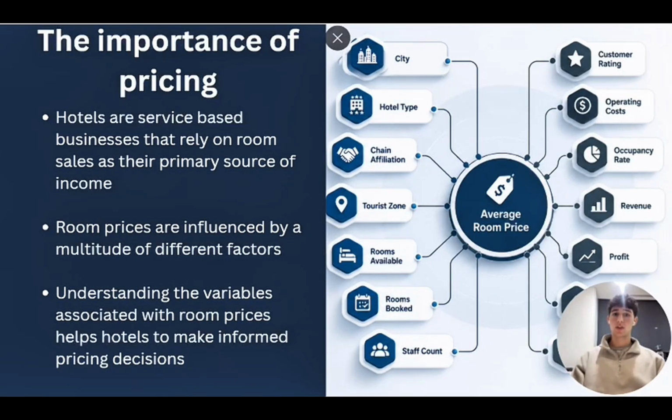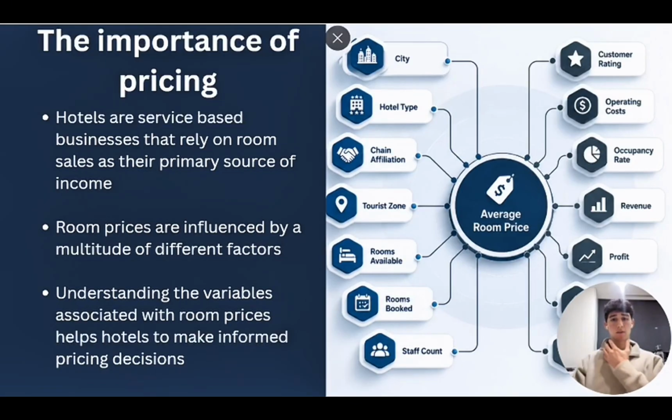Our project looks at hotel room pricing, specifically what factors help explain changes in the average price charged for a room. Now, hotels rely heavily on room sales as their main source of income, so pricing is a key management decision. If prices are too low, hotels may lose revenue, but if prices are too high, they risk losing customers to competitors.